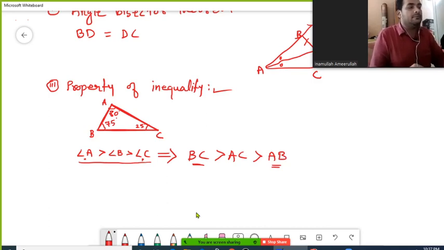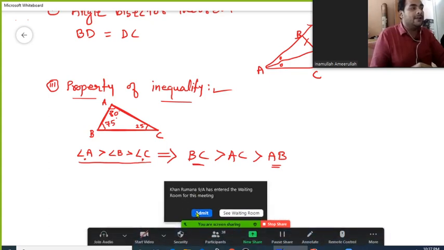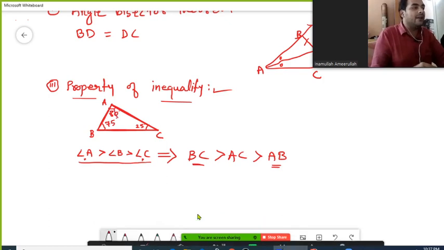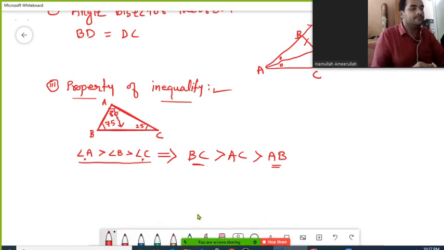How can we make this comparison? This property of inequalities says that the side opposite to the greater angle is greater and the side opposite to the smaller angle is smaller. The greatest angle is A, so the opposite side of angle A is BC, and then less than A is angle B, so the opposite side of angle B is AC.